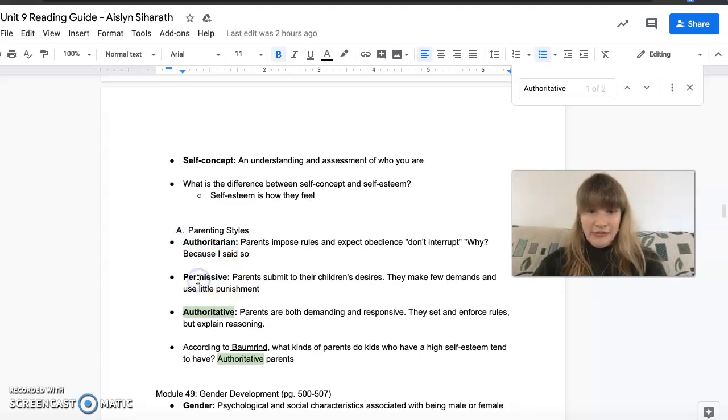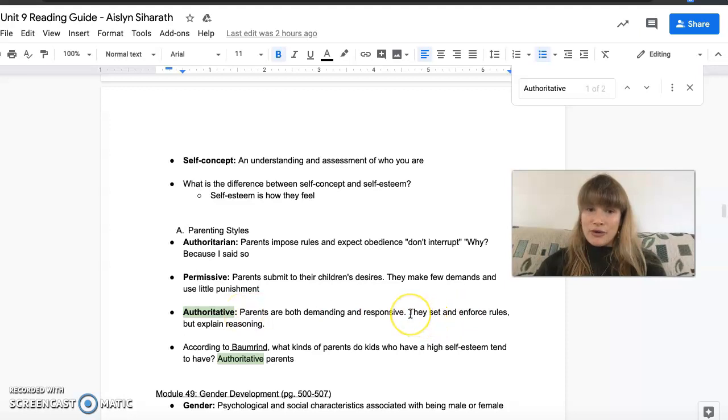Then there's permissive, giving a lot of permission. When parents submit to their children's desires, they're the opposite of authoritarians. They don't make very many demands and they don't really use punishment. And then there's this third, kind of the middle ground, is how I like to think of it, which is authoritative. Parents are both demanding and responsive.